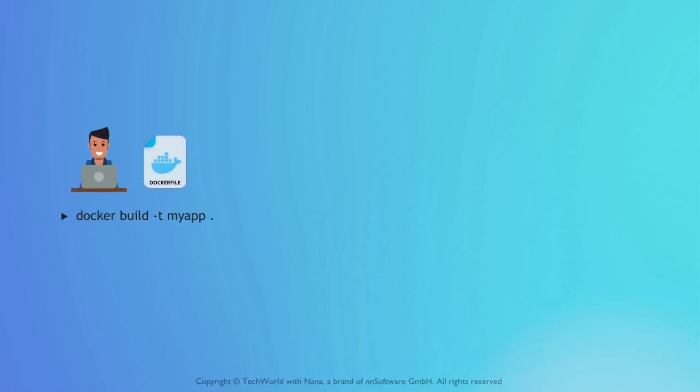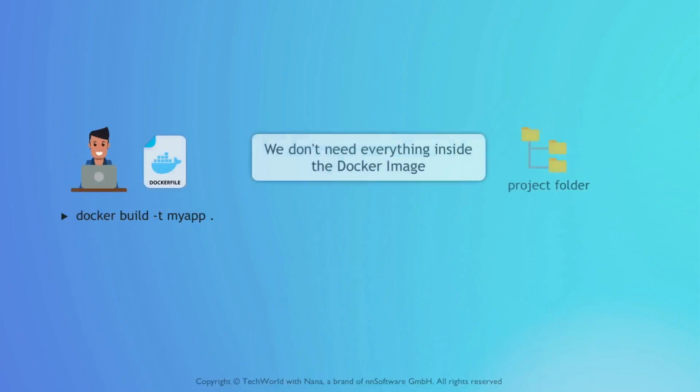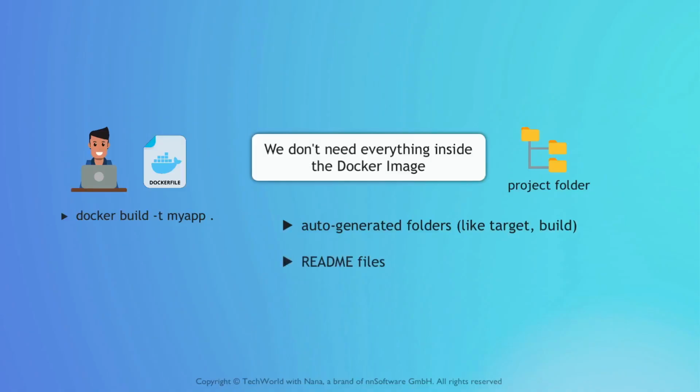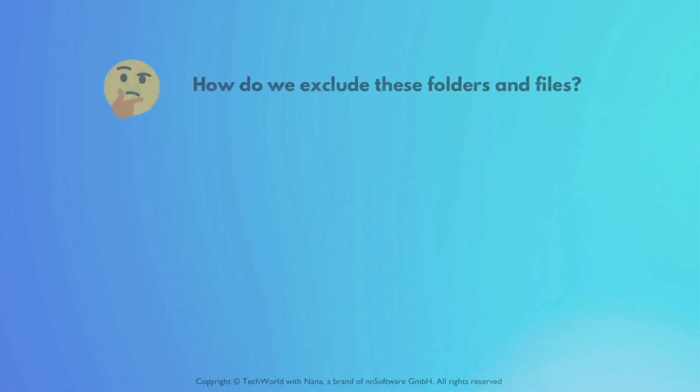Now, usually when we build the image, we don't need everything we have in the project to run the application inside. We don't need the auto-generated folders like targets or build folder. We don't need the README file, etc. So how do we exclude such content from ending up in our application image in order to reduce the image size?